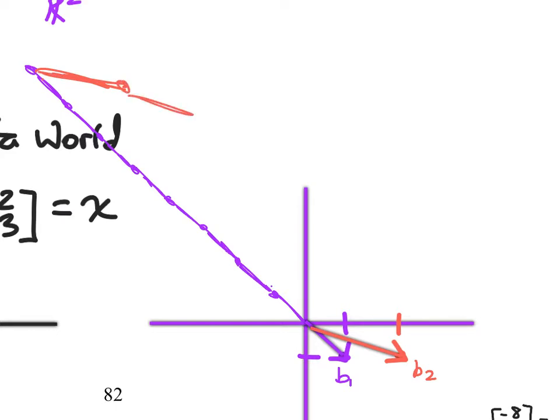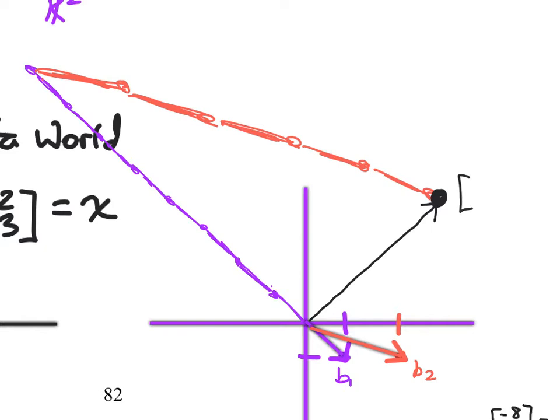I need 5 of those. 2, 3, 4, 5. Like I said, poor quality diagram, but this would be my endpoint, and that would correspond with a vector. In theory, this should be 2, 3.